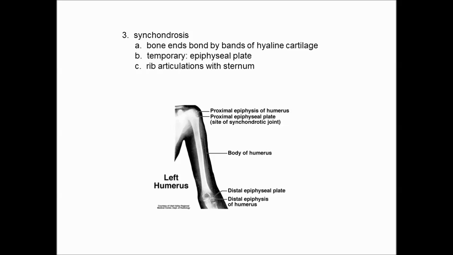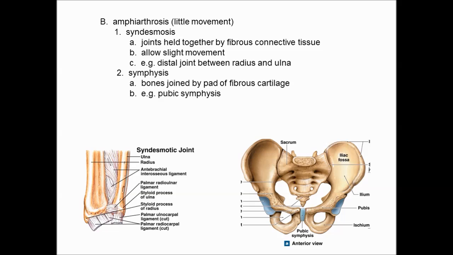So actually the bones are connected at that epiphyseal plate. Also, the ribs articulate with the sternum, and the only thing between them is cartilage. So a synchondrosis is when two bones are connected, with extremely little motion, if any, by a cartilage plate. And then we move to the next level of articulation, which is a little bit of movement.